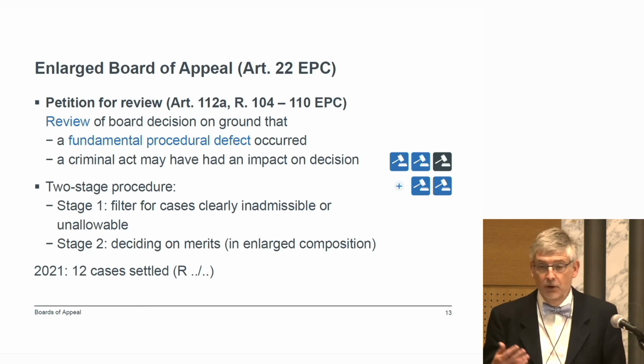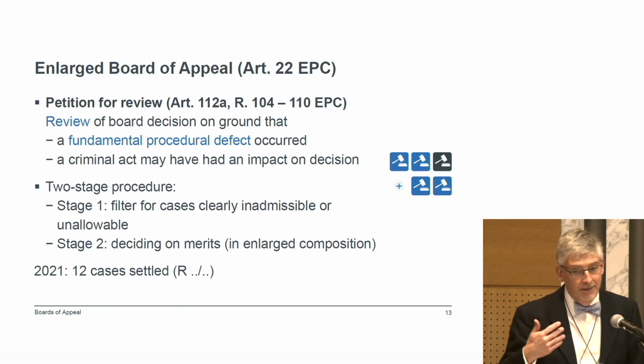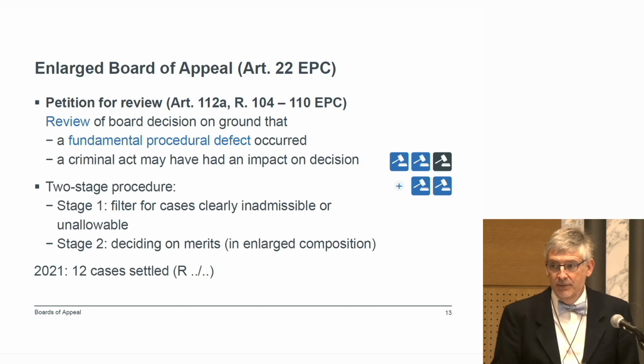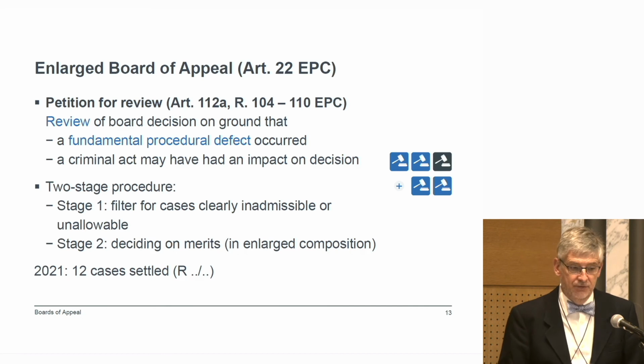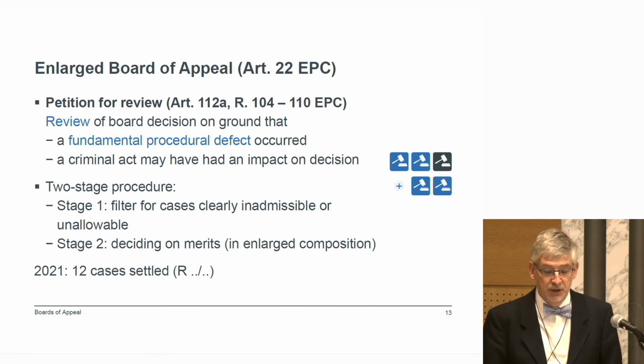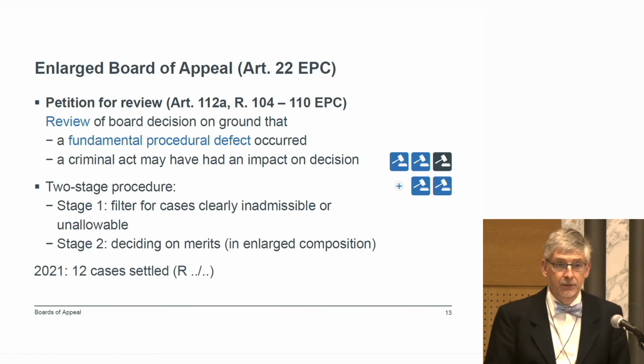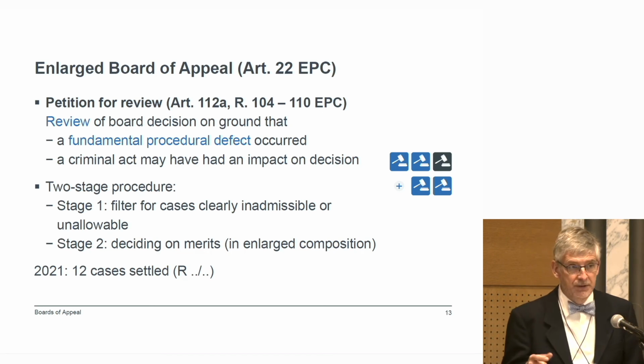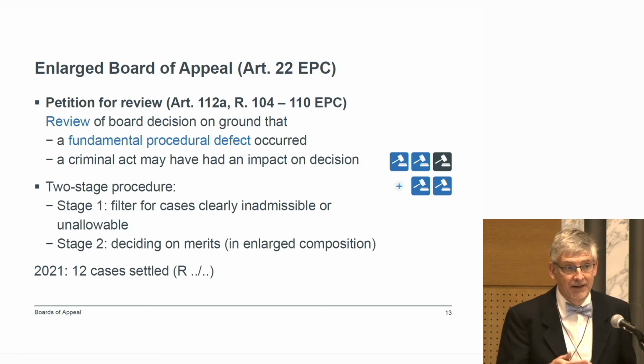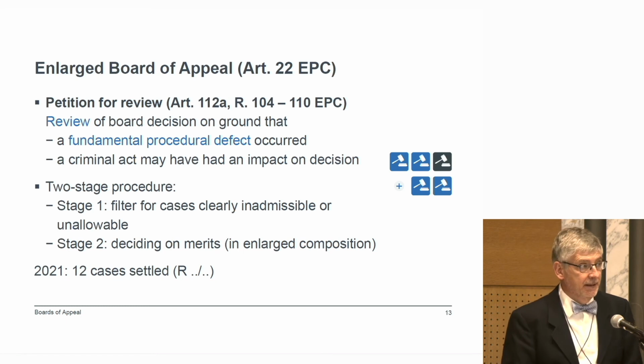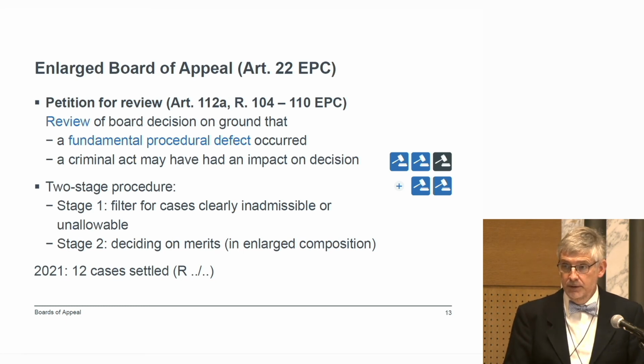A request has been overlooked for whatever reason. Then the party concerned can file a petition for review to ask the Enlarged Board of Appeal to review the appeal procedure on procedural issues, and then either to set aside the decision of that board.